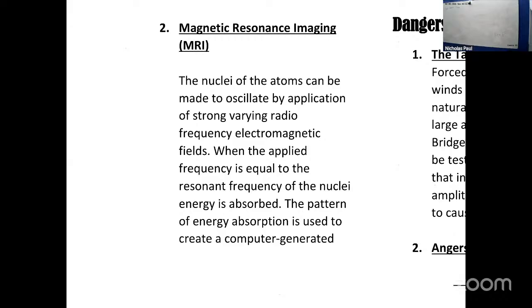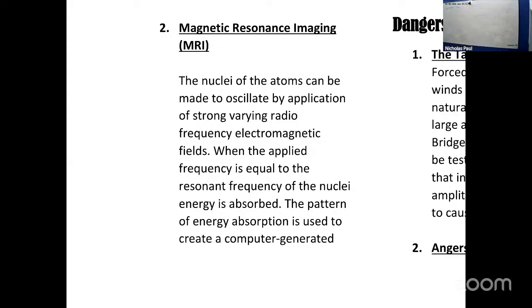Then you have the next example here, magnetic resonance imaging, MRI. The nuclei of the atoms can be made to oscillate by the application of strong varying radio frequency EM fields. That's what MR stands for.